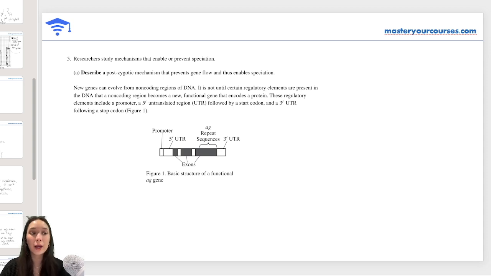Now we know that for two things to be considered separate species, they need to be able to reproduce as well as have offspring that are both viable and fertile. So there are 3 post-zygotic mechanisms that you could mention. I'll put all 3 of them, but you only needed to put one. So the first one is going to be hybrid infertility.